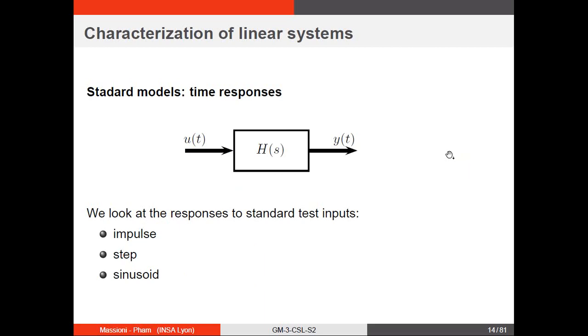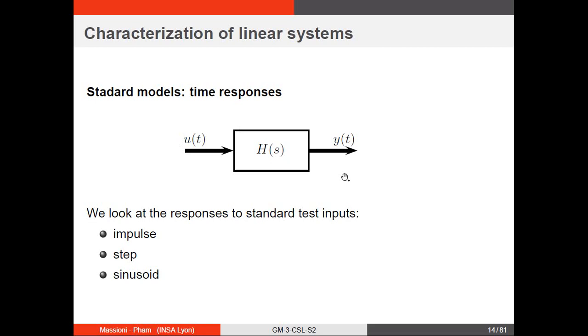In fact what we are going to look into now are the standard time responses to impulse, to step, and to sine wave. Here h is any transfer function of the kind we've seen before, so either first order or second order. We try different signals at the input and we see what to expect. Why do we do this?